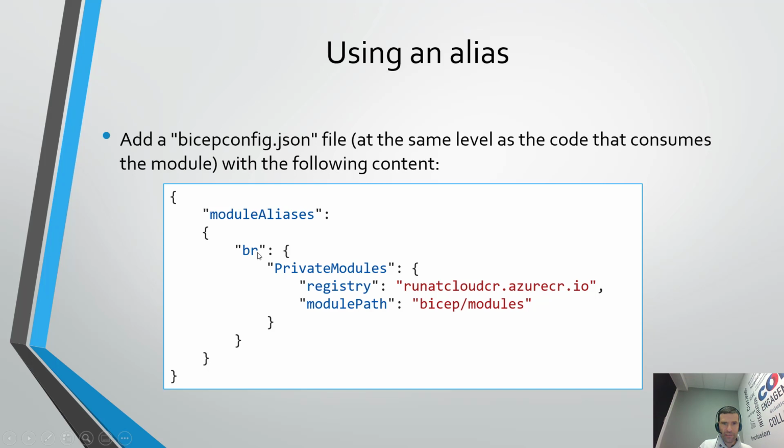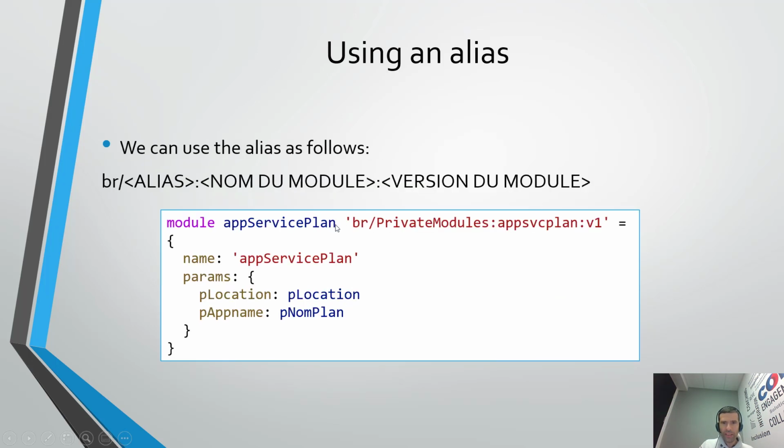Our alias is BR and private modules, and once we reference private modules, we are targeting this registry and this module path. So now we can shorten the path to our module like this: br/private modules colon the name of our module and the version number that we want to use.